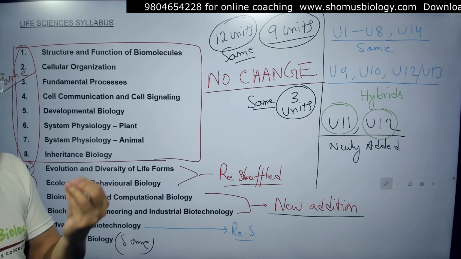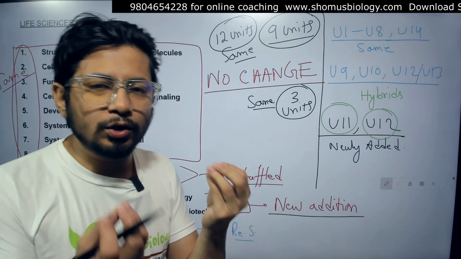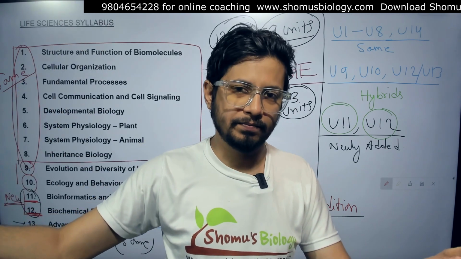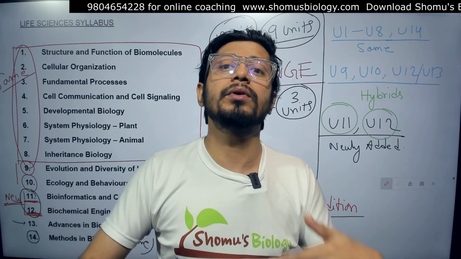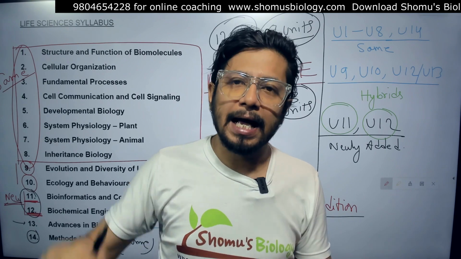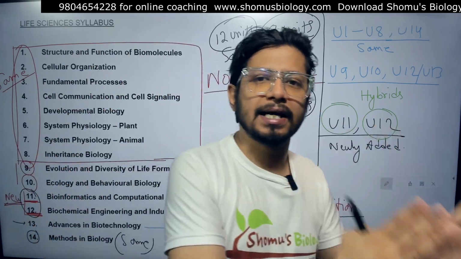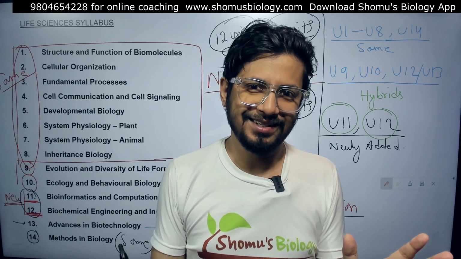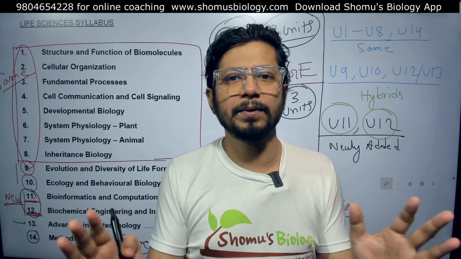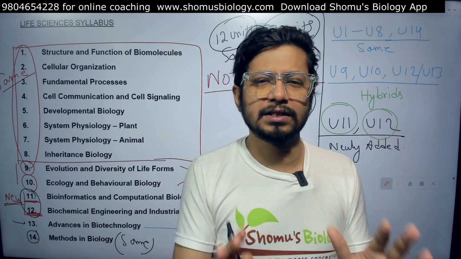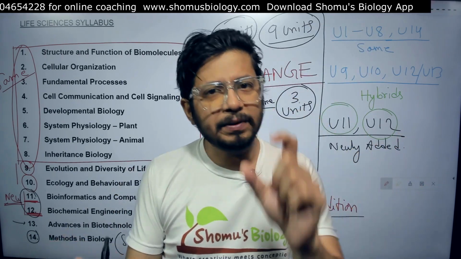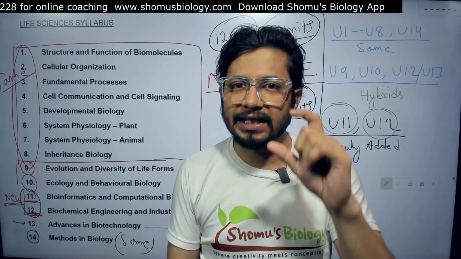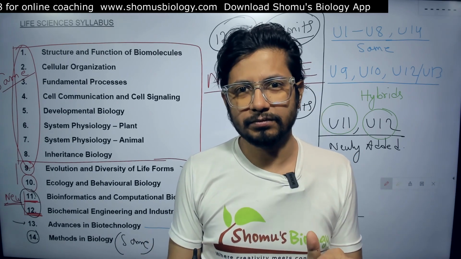So overall, a total of 12 units are kept the same as per the old 13 units. 2 new units have been added, that's all. Among the 12 units, 11 units are exactly the same, and 1 unit is a mix and match of new and old syllabus. So roughly 85% of the syllabus was kept the same, 5% to 15% is mix and match from old and new, and 10% is newly added.